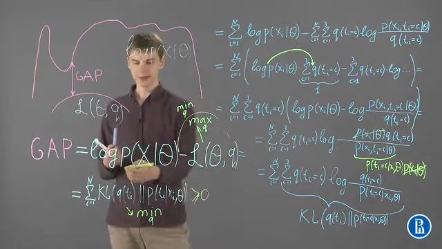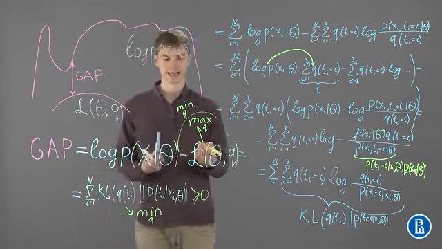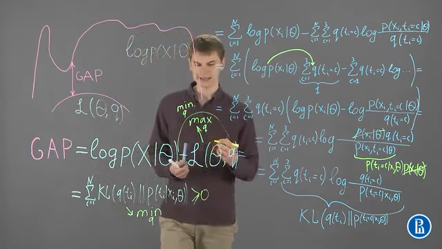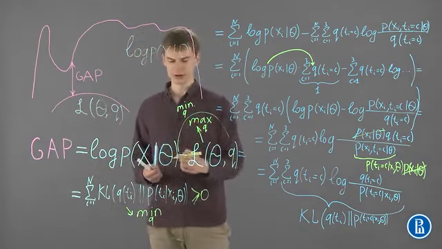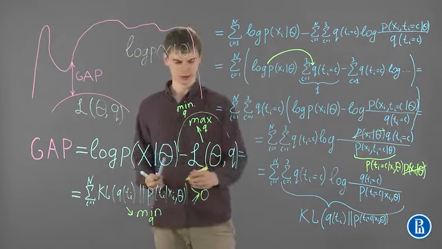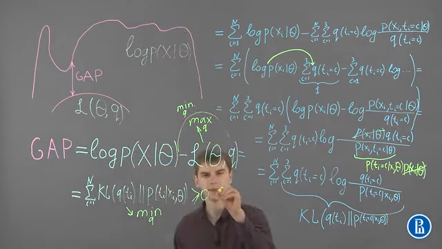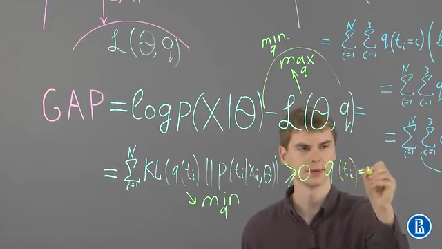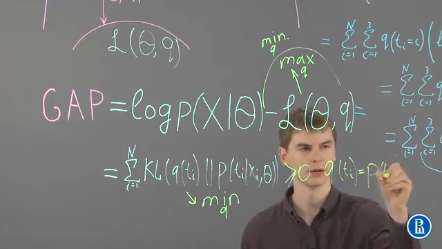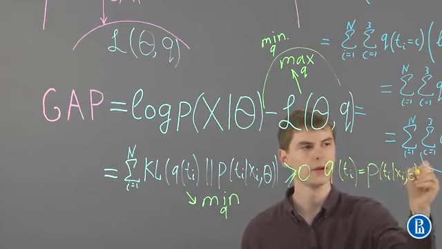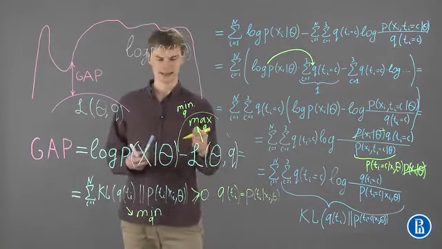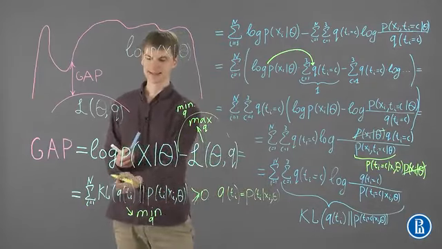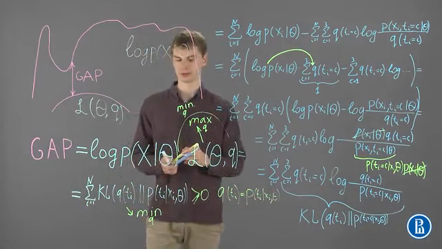So whenever these two distributions are the same, which means that by setting Q of Ti to be the posterior distribution, we will minimize this sum to 0, so to the global optimum.